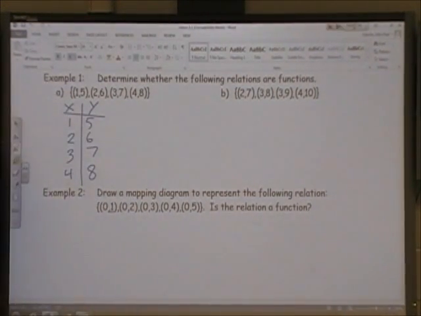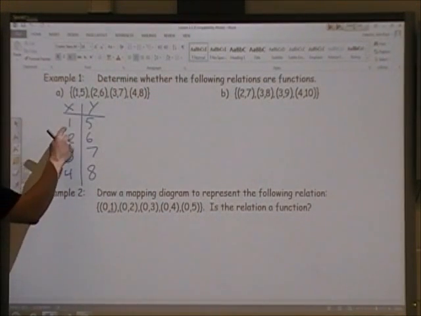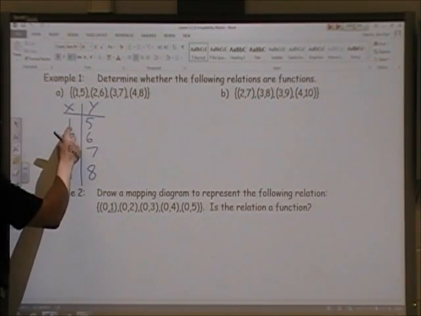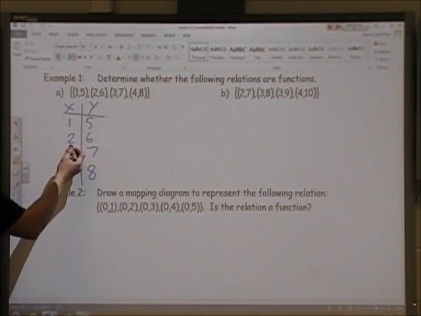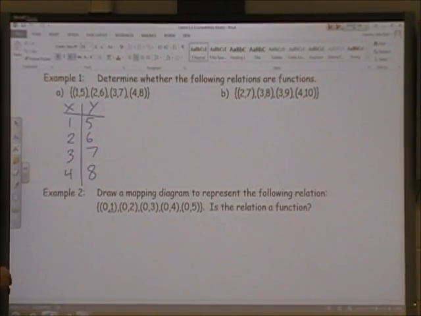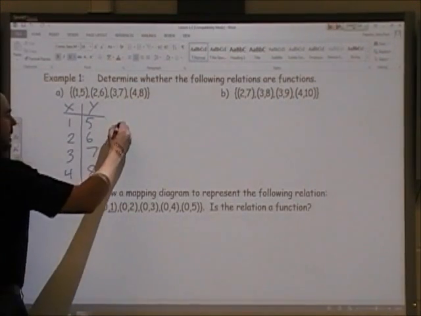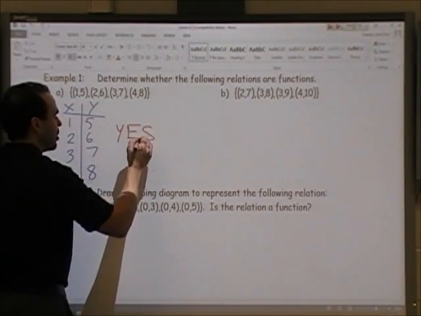Let's look at every x value. When x is 1, there is only one height, and the height is 5. When x is 2, there's only one answer, and the answer is 6 for y. When x is 3, y is 7. And when x is 4, there's only one height, and the height is 8. Therefore, every x value only has one value for y, so yes, this is a function.